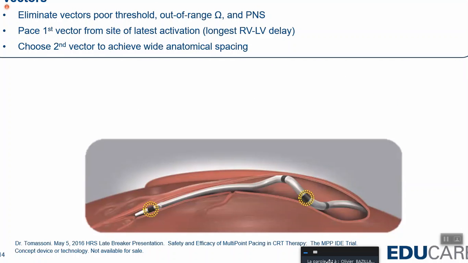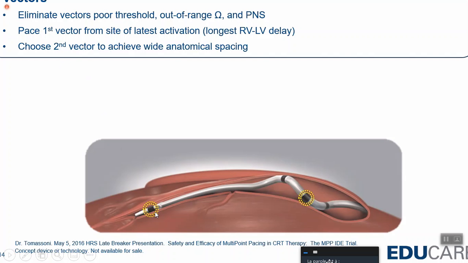So the concept itself is relatively simple, meaning vector guide will help you to eliminate vectors with high pacing threshold, out of range or inappropriate pacing impedance, and of course phrenic nerve stimulation.